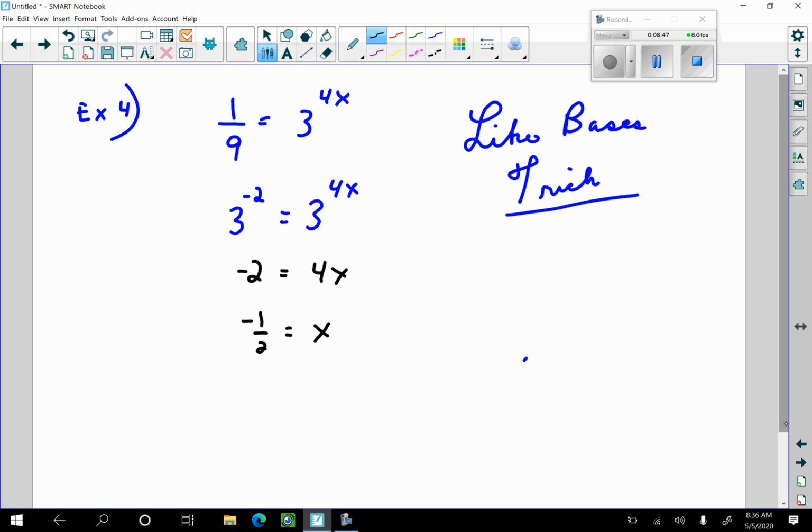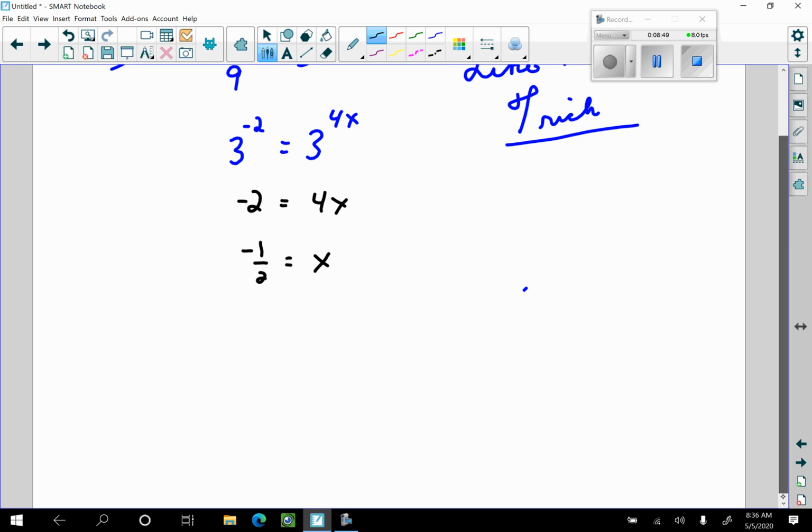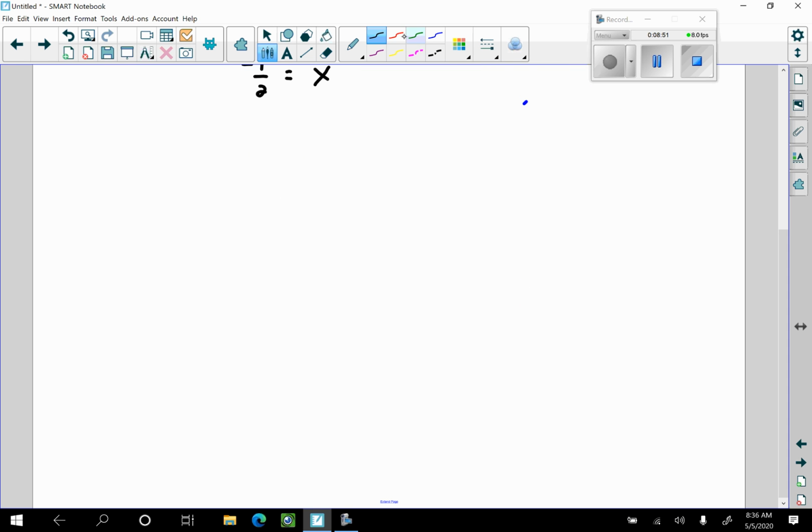Okay, let's do example 5. You can see the examples are going to get progressively a bit harder, but not that much harder. So I have 8 to the 4x minus 5 is equal to 2 to the 4th power. Guess what we're not going to do?